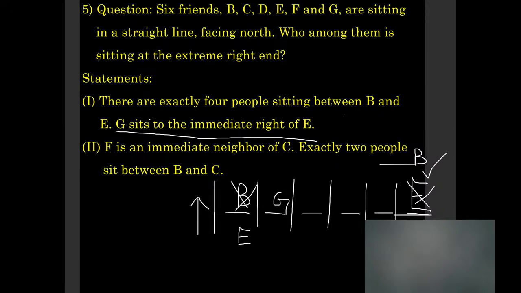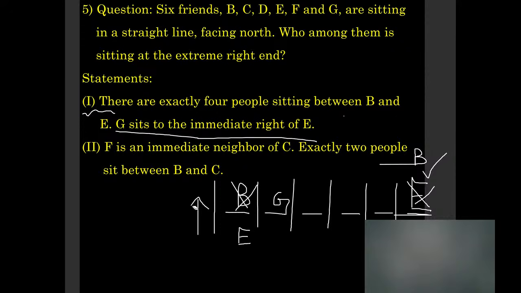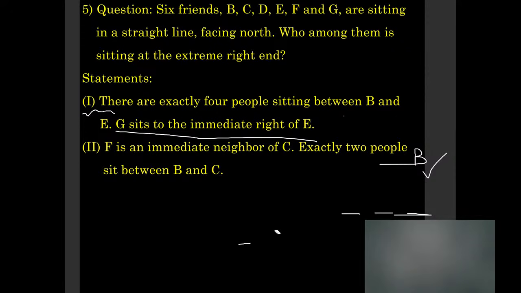So as we are able to get the answer from the first statement alone, from the first one alone we can get the answer. Next, we should check the second one alone.